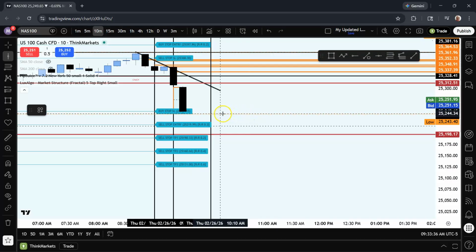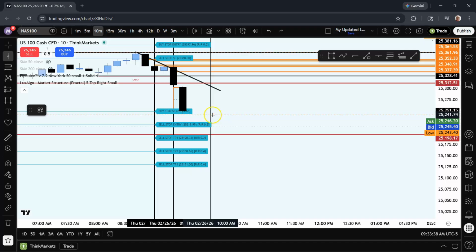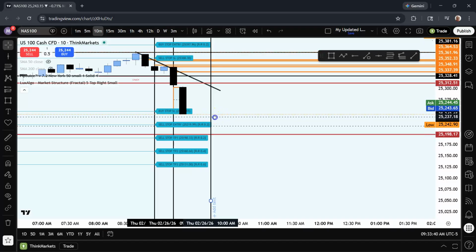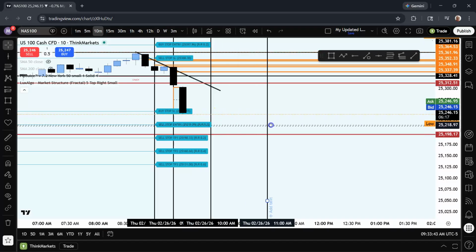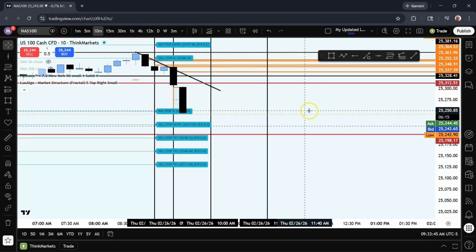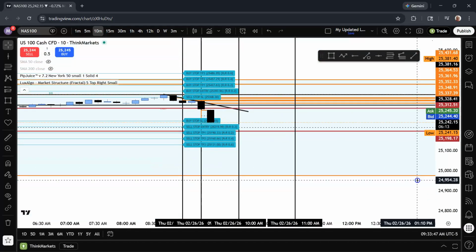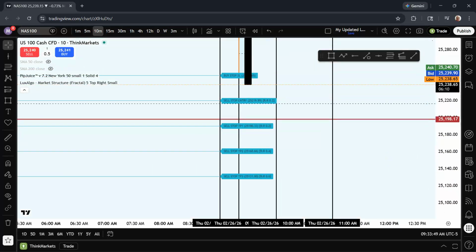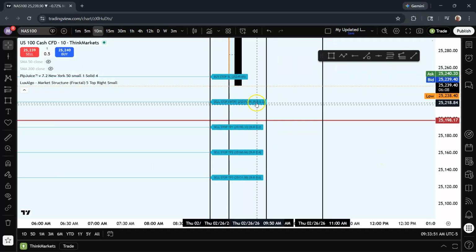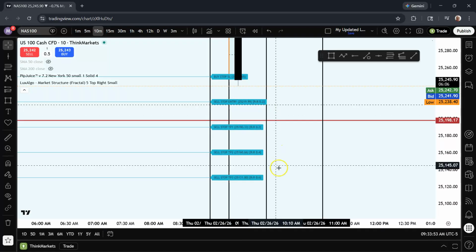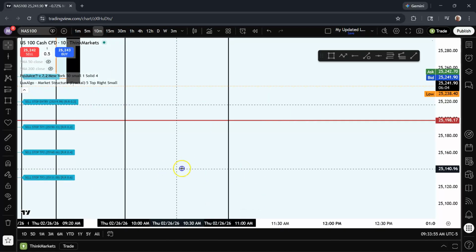So sometimes the best trades is no trades. Stretch it out to 11 a.m. So I'll be back on here to see. It's getting close to the entry for Pip Juice here. So let's see.